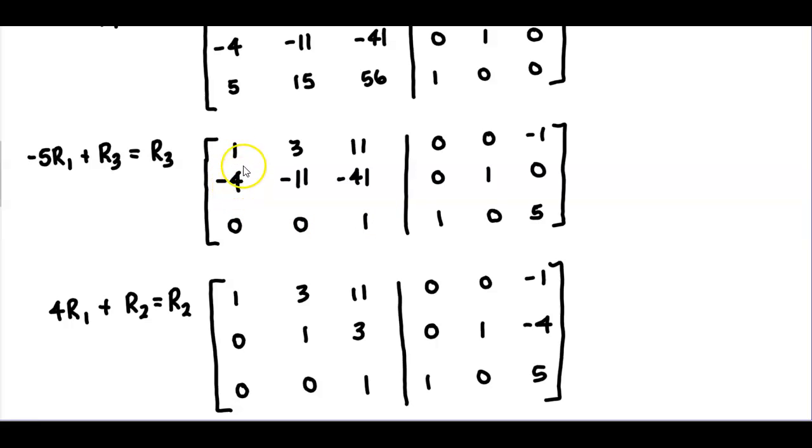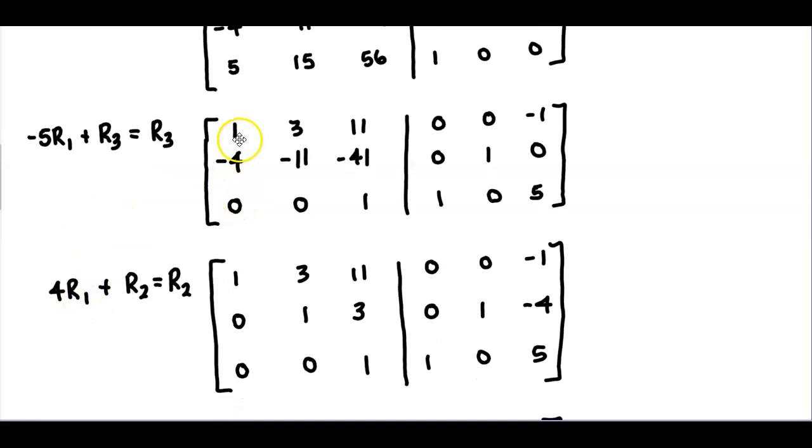Now we want to make this negative 4 a 0. So we can multiply row 1 by positive 4 and add it to row 2. So 4 times positive 1 is positive 4, plus negative 4 is 0. 4 times 3 is 12, minus 11 is 1. 4 times 11 is 44, minus 41 is 3. 4 times 0 is 0, plus 0 is 0. 4 times 0 is 0, plus 1 is 1. 4 times negative 1 is negative 4, plus 0 is negative 4.